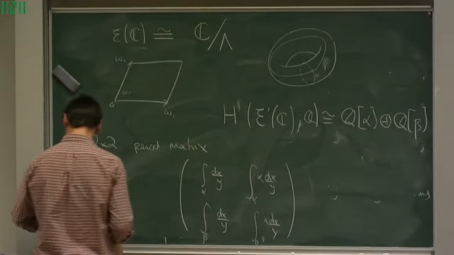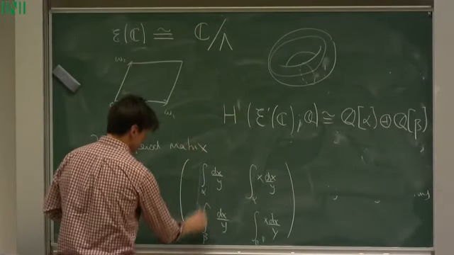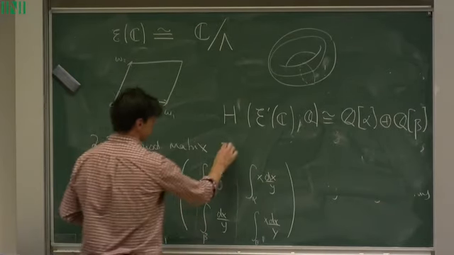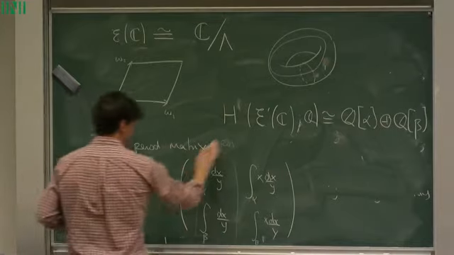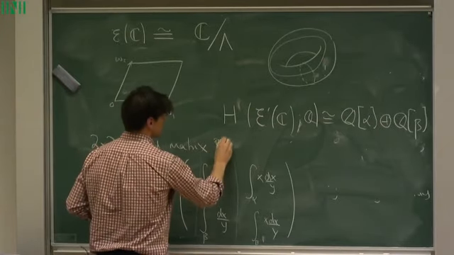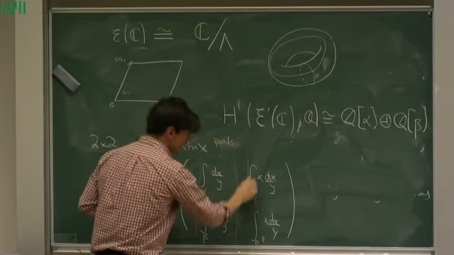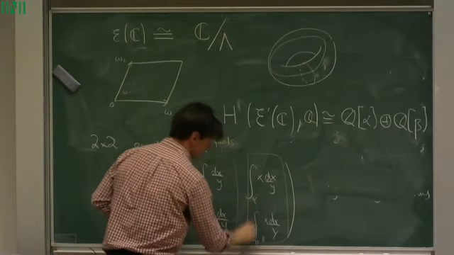So the numbers in this column are classically called periods. These numbers are called periods. The numbers in this column are called quasi-periods.